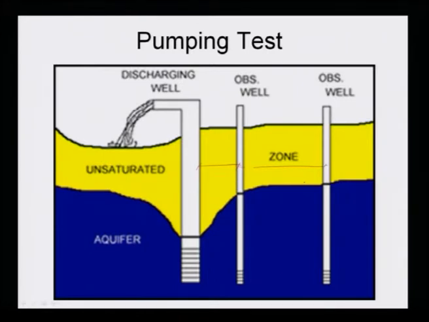At a constant rate you pump this discharge, taking water out of this aquifer. So there will be a sudden drawdown of water, and with this observation well as well as here you can measure it.